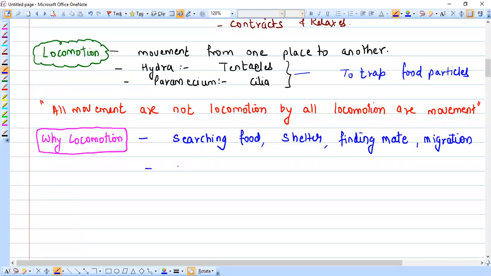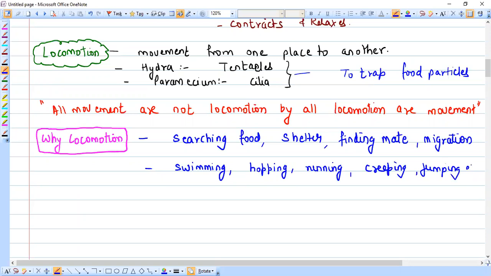Locomotion also helps us in certain activities like swimming. It even helps us in hopping, in running, even creeping, or even jumping. These are all different activities that are possible only because of locomotion.